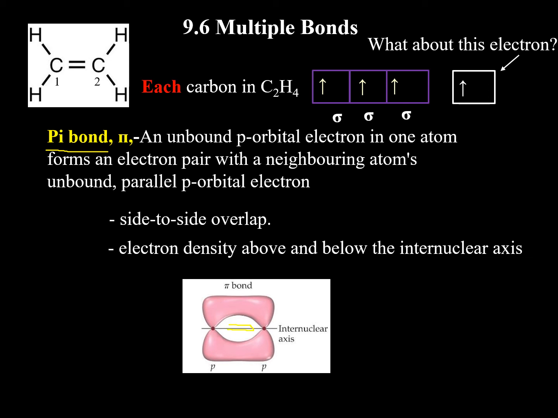It's above and below. And it's an interaction of the unhybridized orbital from carbon 1 overlapping. So again, this is still carbon 2. This is carbon 1.